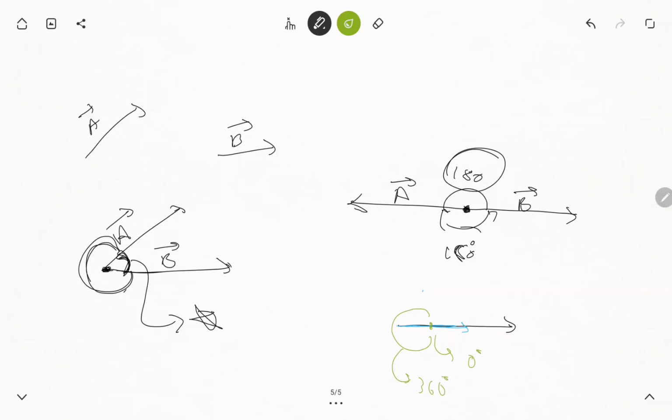Again, we compare these two numbers and see which is greater. Of course, 360 is greater and 0 is smaller. So we consider 0 because 0 degrees is the smallest of these two angles. These are called collinear vectors.